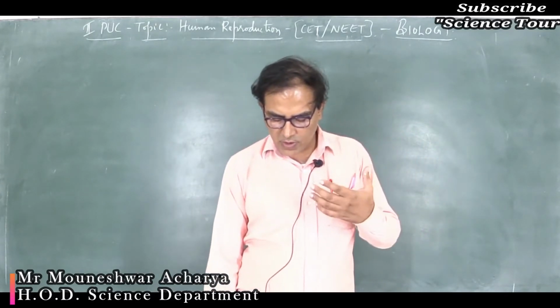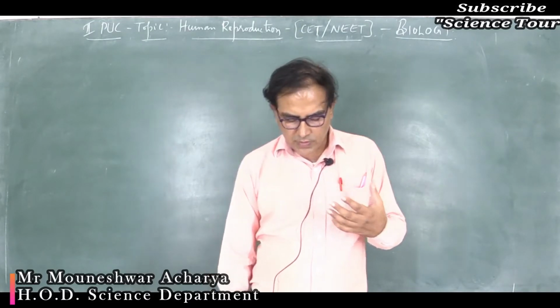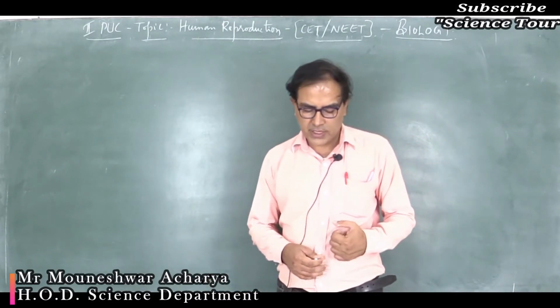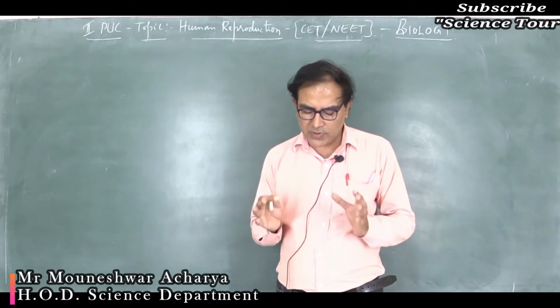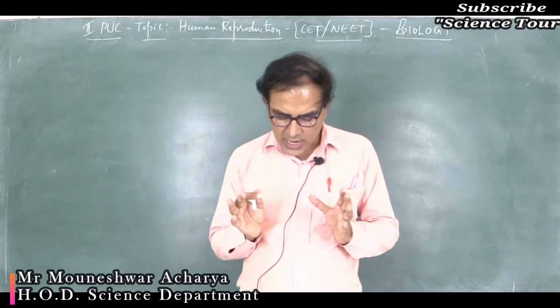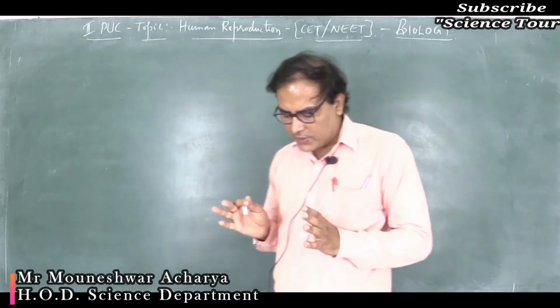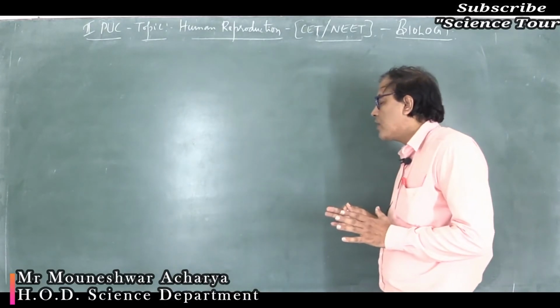That is the mons pubis. So what is the antrum then? The antrum is nothing but a portion of the Graafian follicle, and this antrum is filled by fluid that is called the follicular fluid.